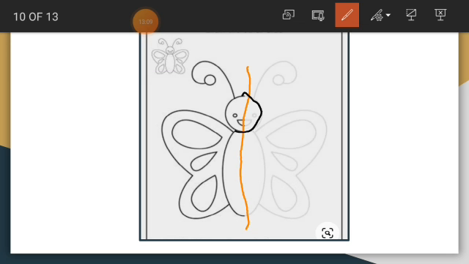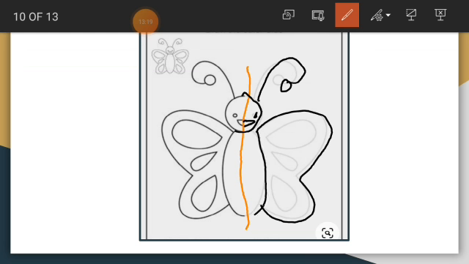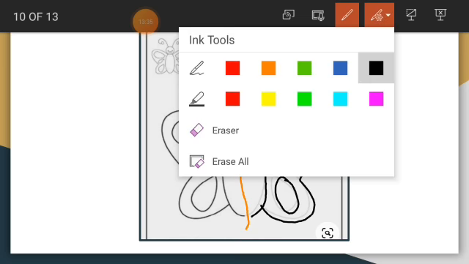I will also use the black color to make it symmetrical. Now this is how I draw the butterfly. Okay, now both sides are same. See, both halves are same. So this is the example of symmetrical.